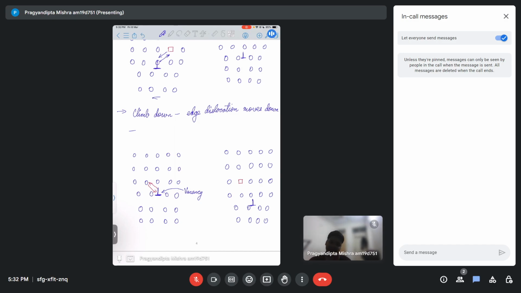If there's a vacancy there, now it moves out of the dislocation, right? It has gone up 1 layer, so it has gone out of the region where the dislocation is present. So the vacancy moves out, or we can say that the dislocation acts as a vacancy source. That is, a new vacancy gets created from the dislocation.